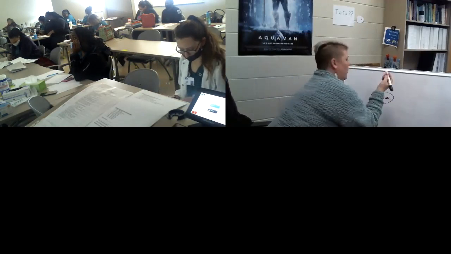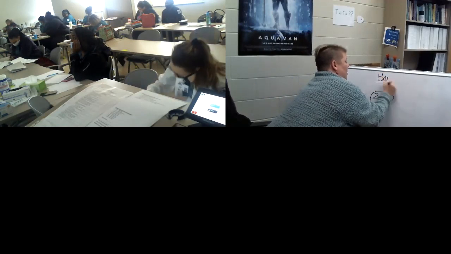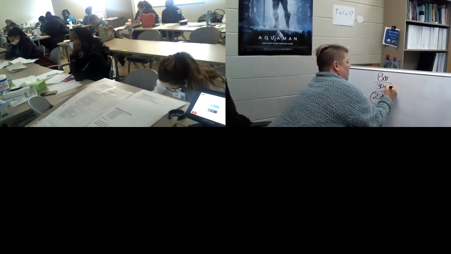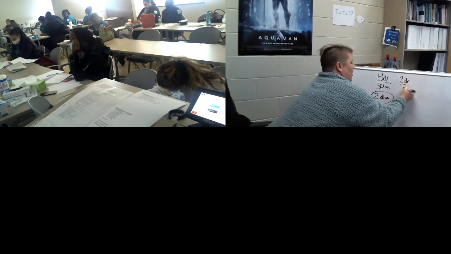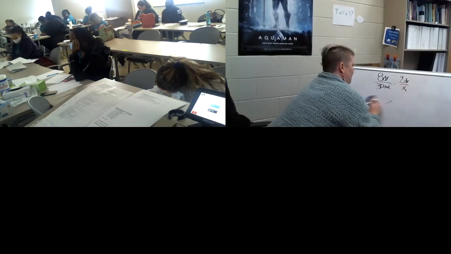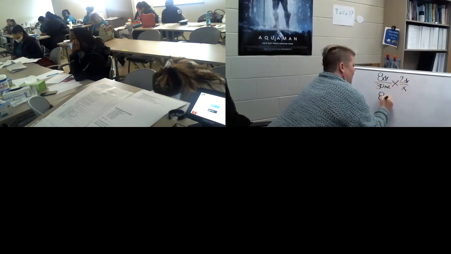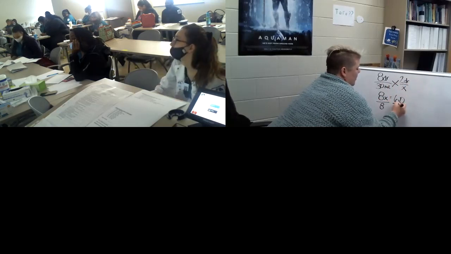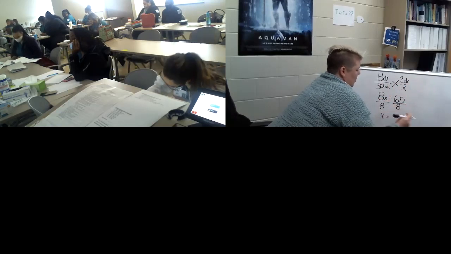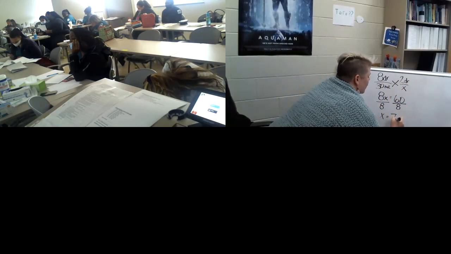Again, you know that 8 drams is 30 milliliters. So 2 drams is how many milliliters? You cross multiply. 8x equals 30 times 2, which is 60. So you isolate your x by dividing by 8. So x equals 7.5 milliliters.